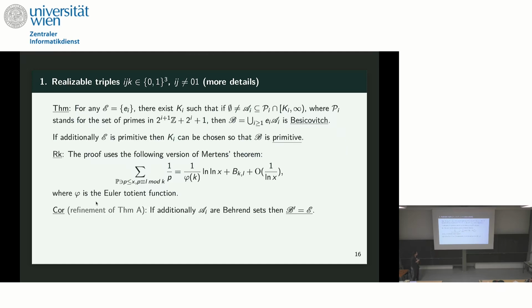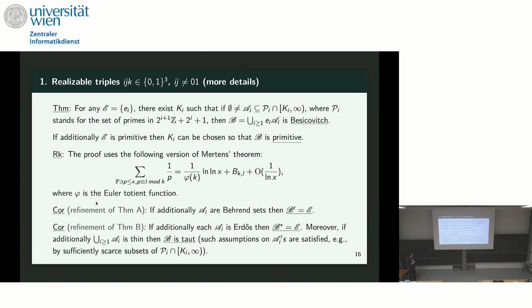And this allows us to get the following refinement of theorem A. If we additionally assume that in this construction AIs are Behrend sets, then B prime is necessarily equal to E. And we also get a refinement of theorem B. If additionally to these assumptions, we know that each set AI is R', then B star is equal to E. And additionally, if we know that the union of these subsets of primes is scarce enough, if the set is thin, then we will know that B is taut.